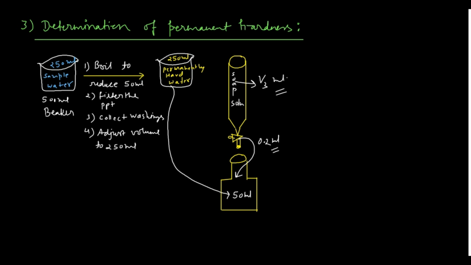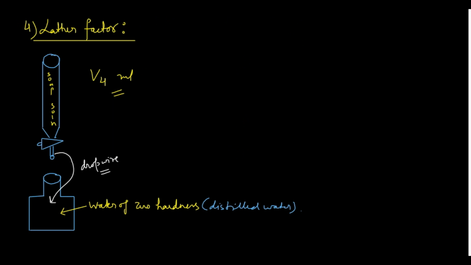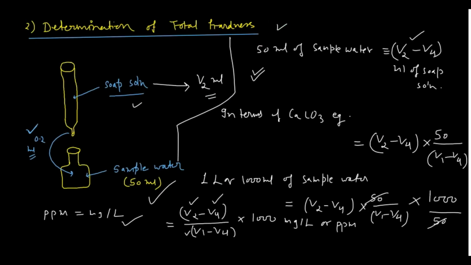Now the calculation: how will I do the calculation for this permanent hardness in the same way? If I go back, you get this value, V2 minus V4, V1 minus V4, and this is the determination of permanent hardness.